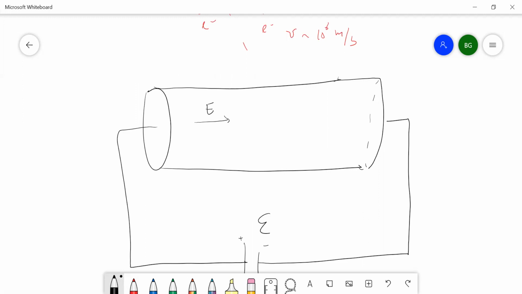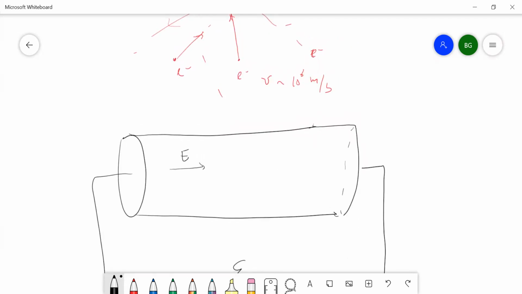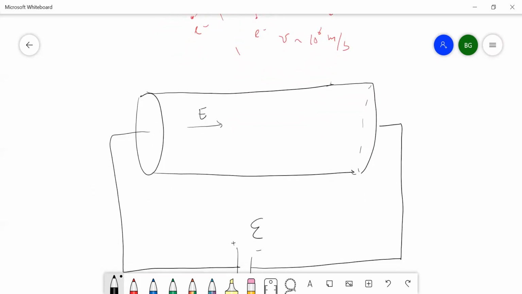The flow of the electrons is not really random, but becomes nearly parallel to this electric field, this external electric field, for example.